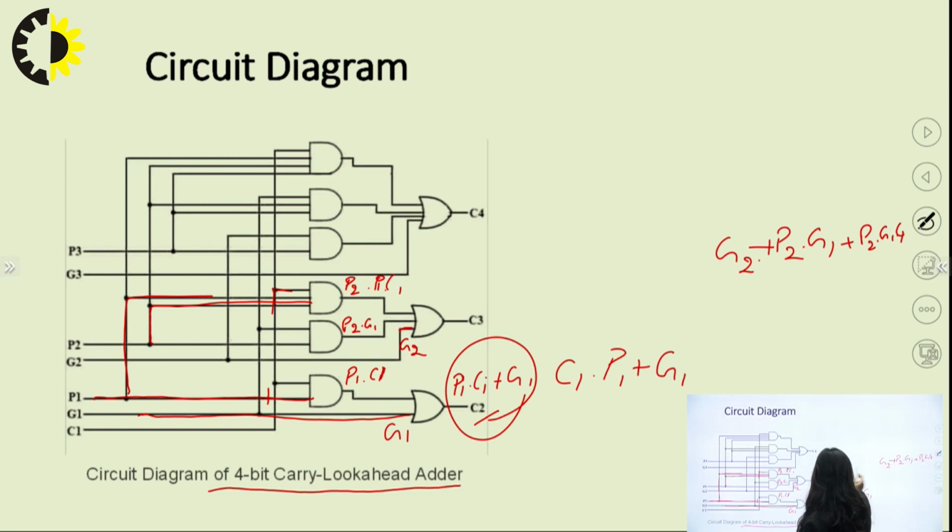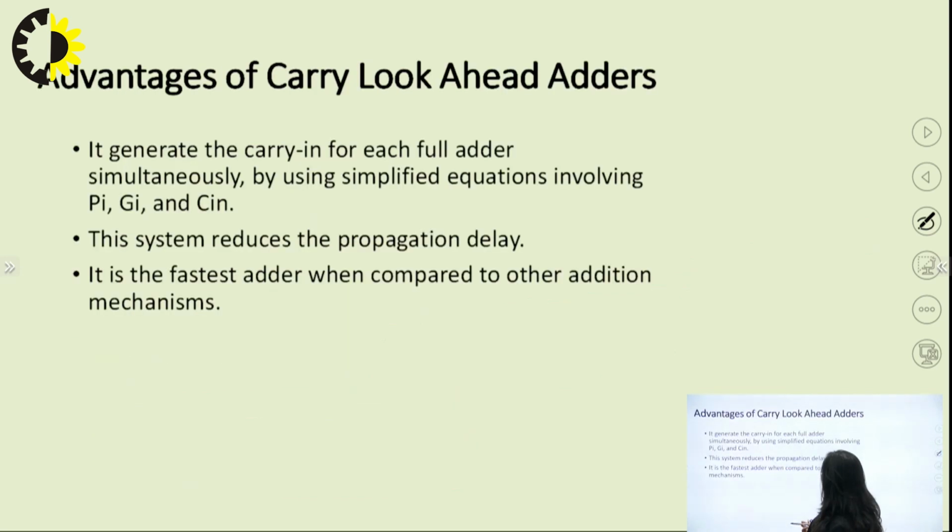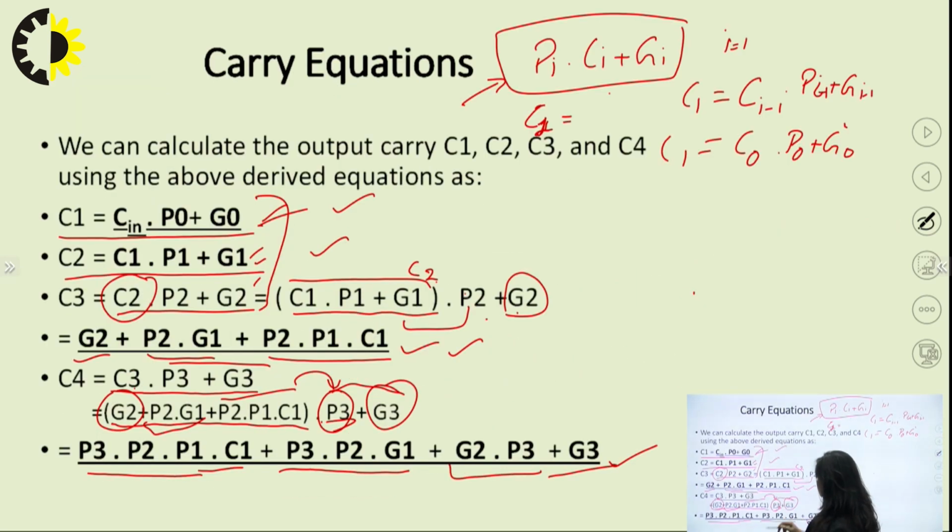Okay, so the final sum is the same. And for the last one we have C4.